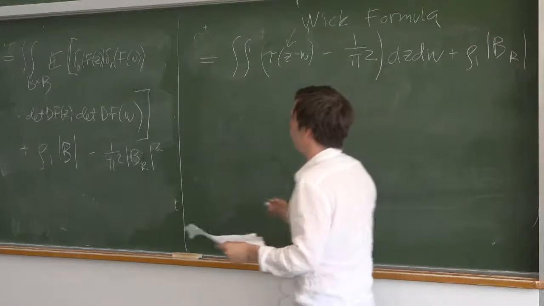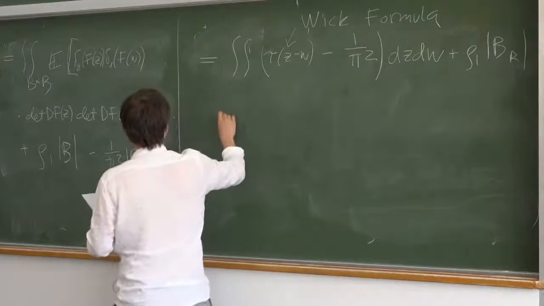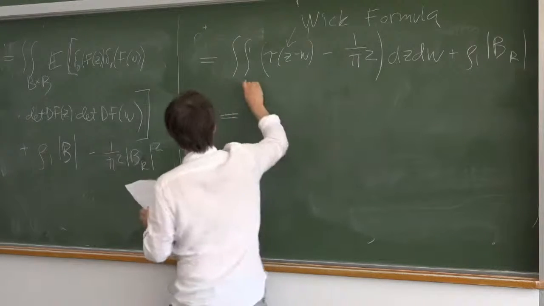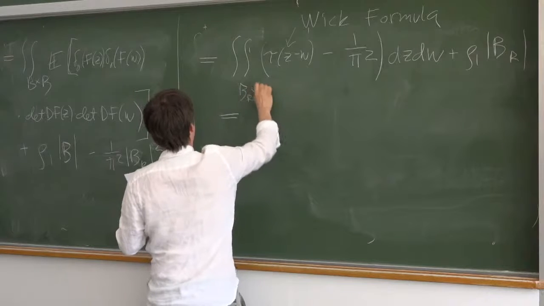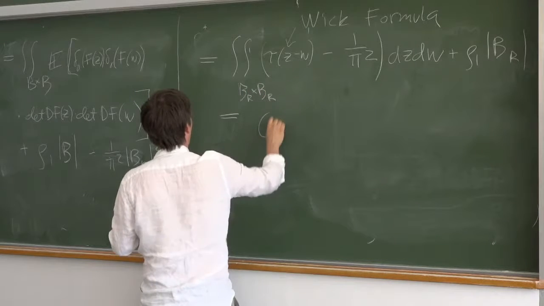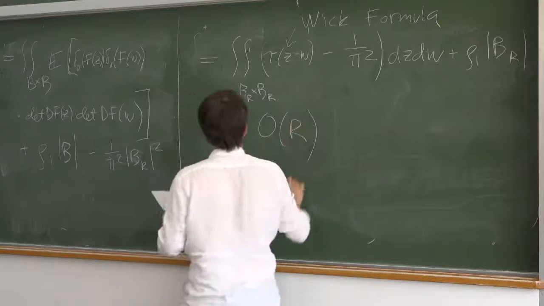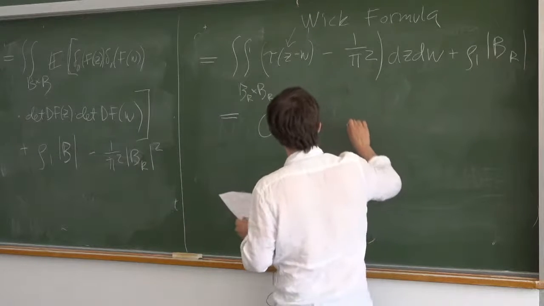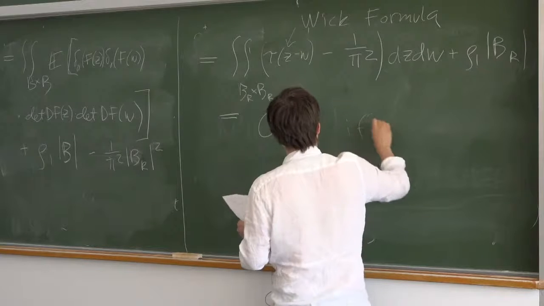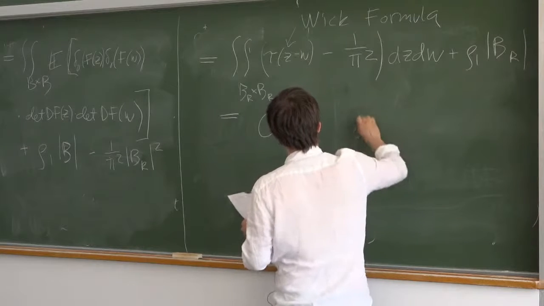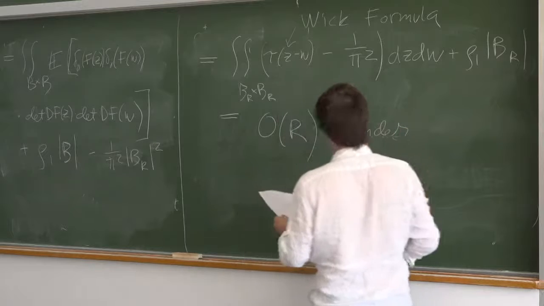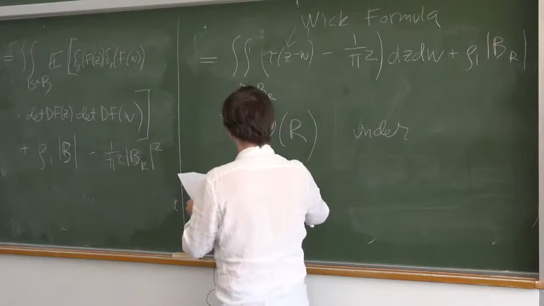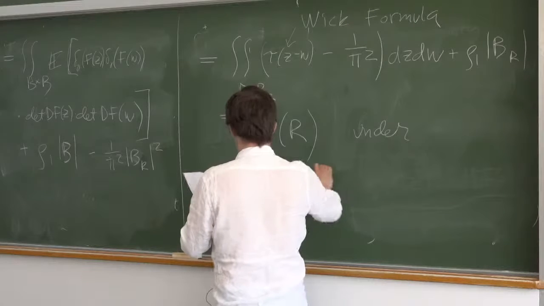Now there is this general lemma which says that this kind of expression is going to be O of R, exactly what we want, under this kind of identity.